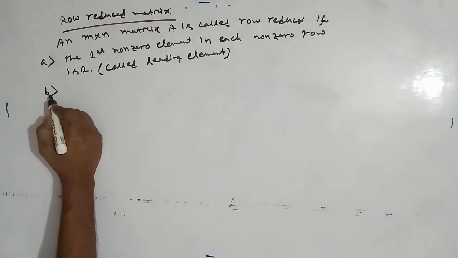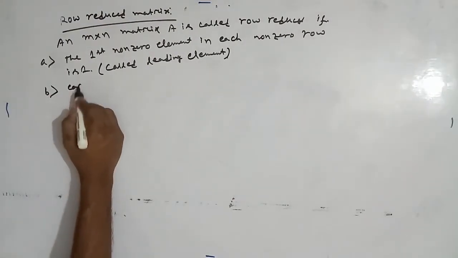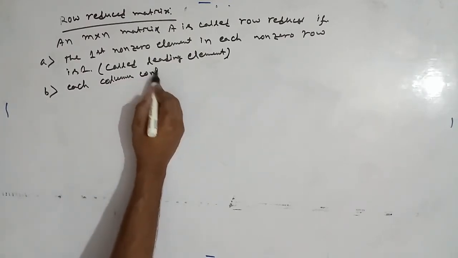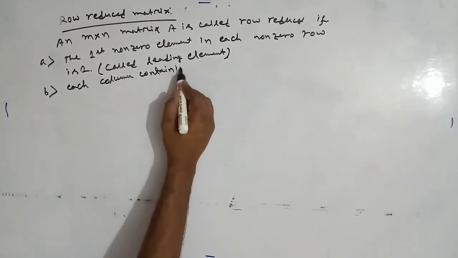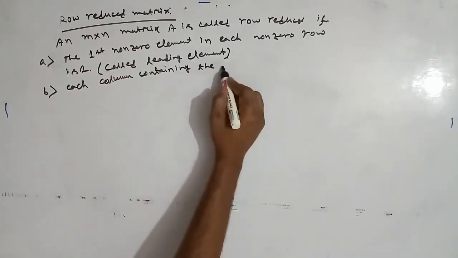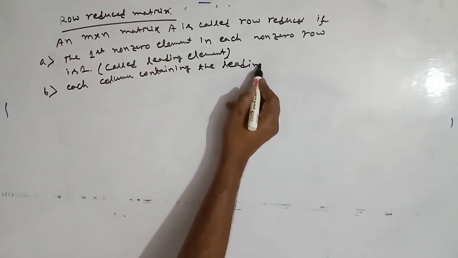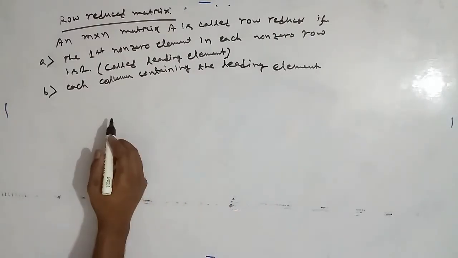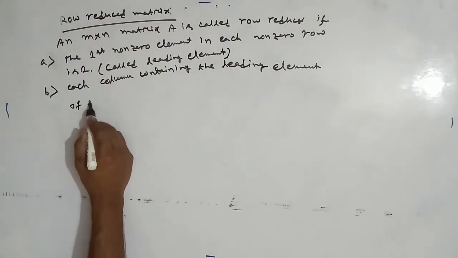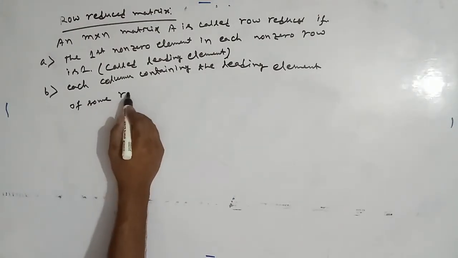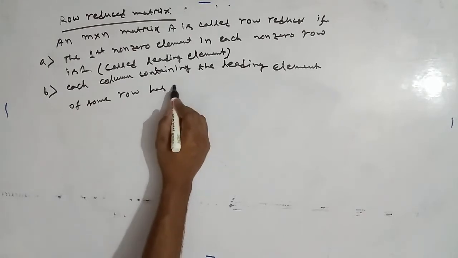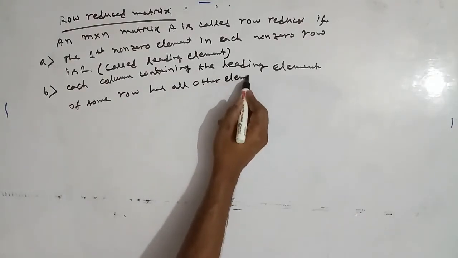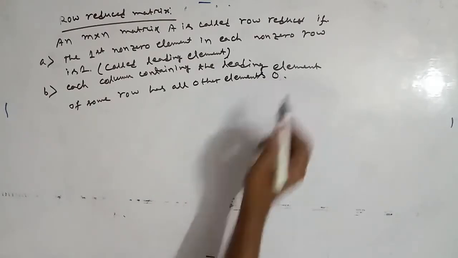And condition number 2: each column containing the leading element of some row has all other elements as 0.